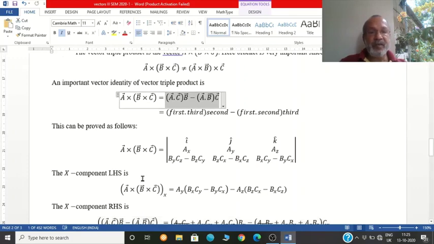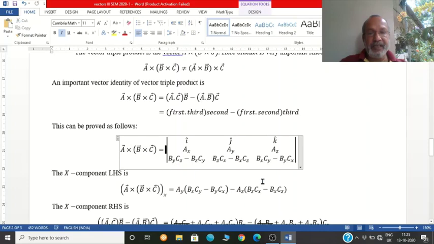What is the X component of this A cross B cross C, that is LHS? X component will be AY into this, that I have written, AY into BX CY minus BY CX, minus this AZ into this.